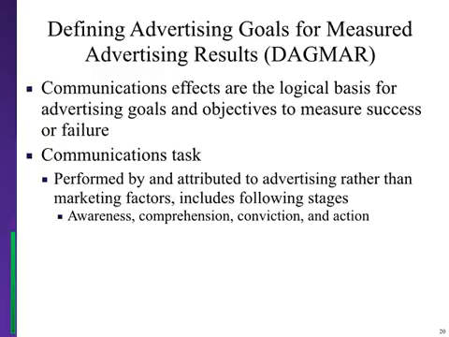So a lot of these models look similar, but they're just different nuances of it. But this model is a popular model for setting objectives and for assessing the effectiveness of advertising and promotional campaigns.